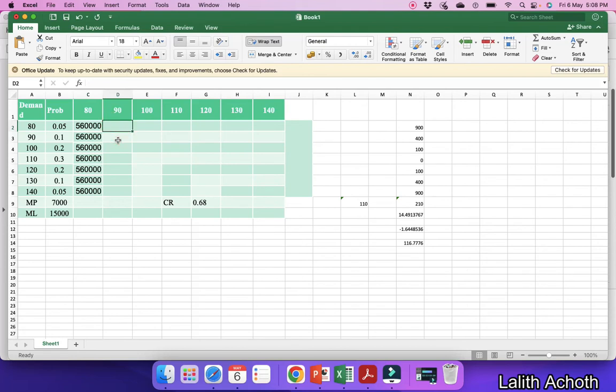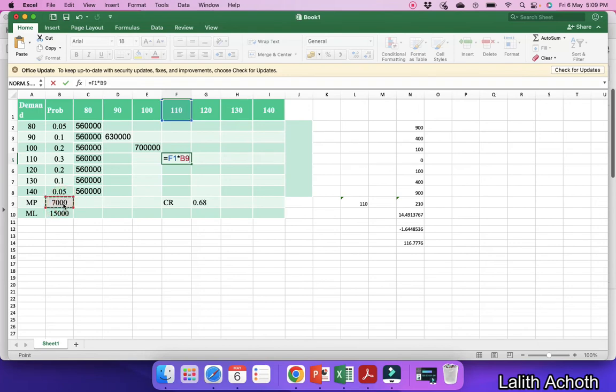Now, if his supply is, we'll go by the diagonal. Now let us assume that his inventory is 90 and the sale is 90. So he can realize 63,000. We'll go here. Let us assume that his inventory is 100, demand is 100. He will get 7 lakhs. Inventory is 110, demand is also 110.